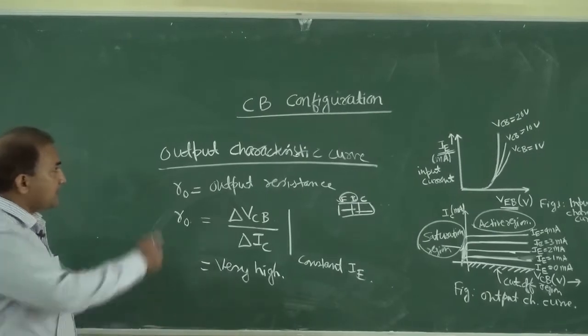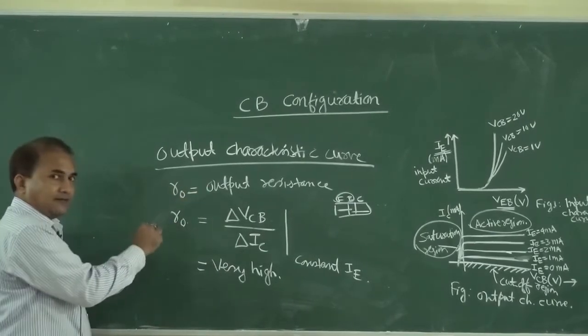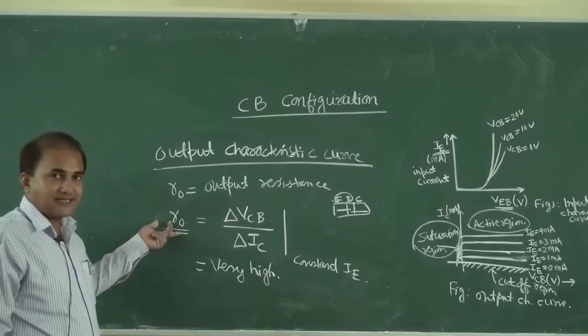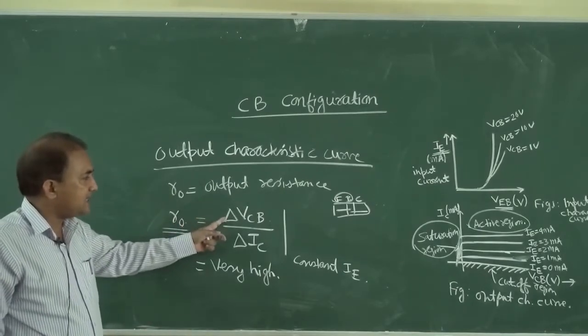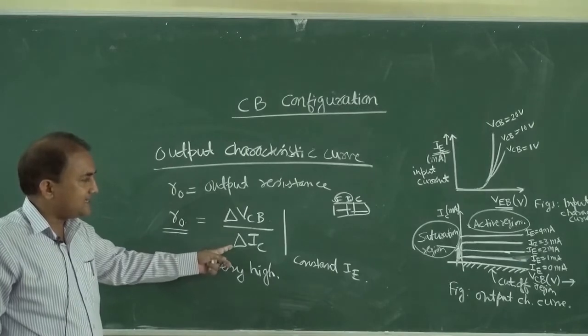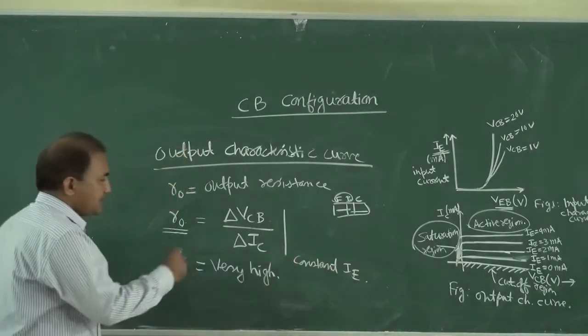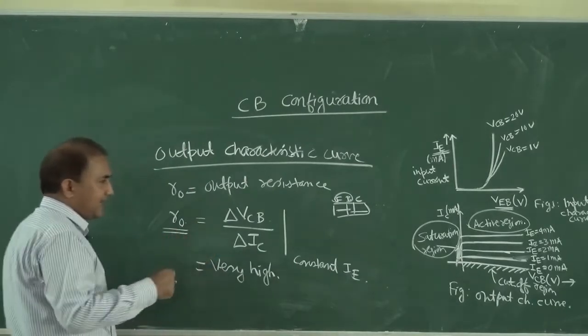So from the output characteristic curve, we can determine the value of output resistance. It is equal to del VCB divided by del IC for constant value of IE. Okay, it is very high. Why is it very high?